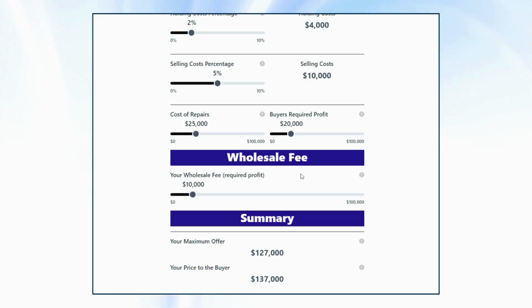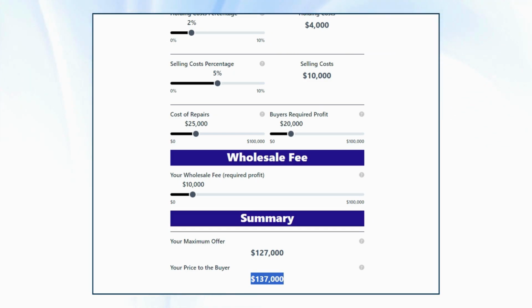How much do you need to make on the deal? If you need to make 10,000, well, then your maximum offer is going to be 127,000. But then you're going to flip the contract to the wholesale buyer at 137,000, where you're taking out 10,000.